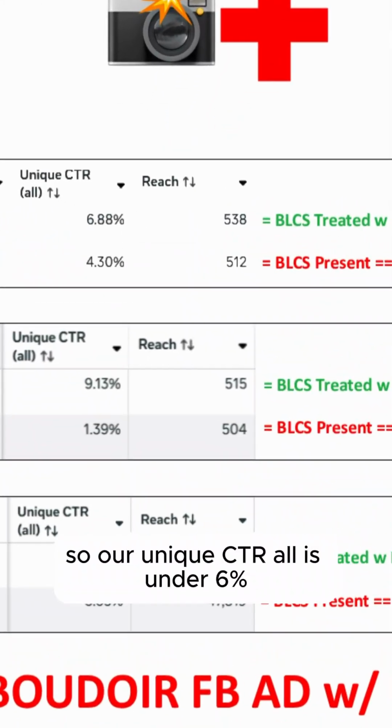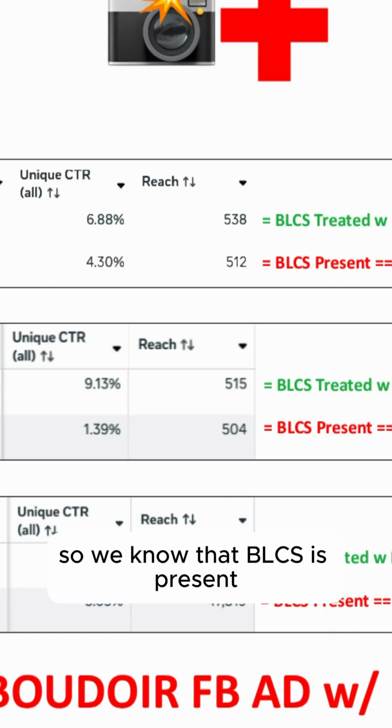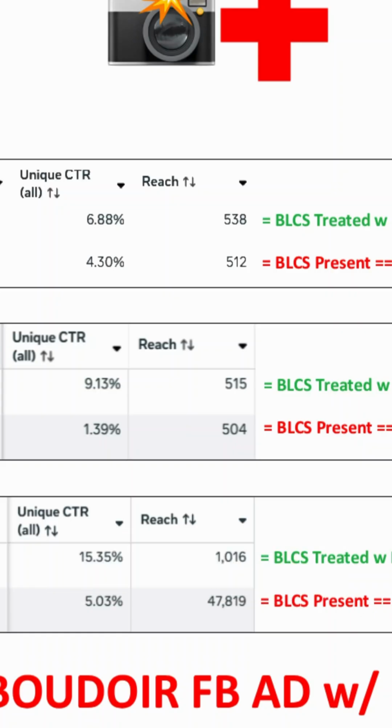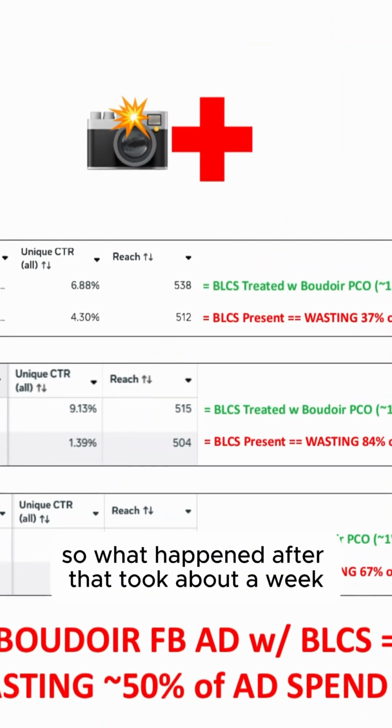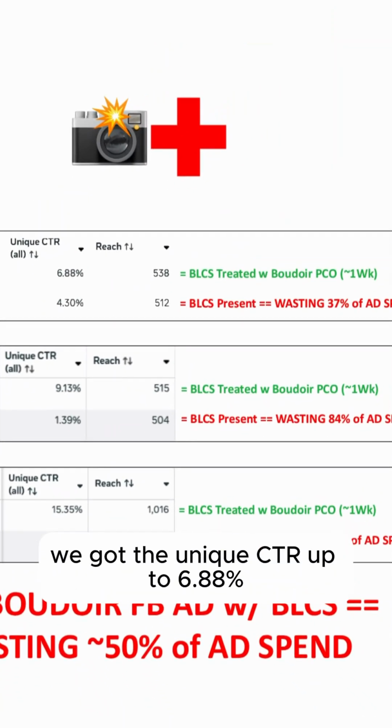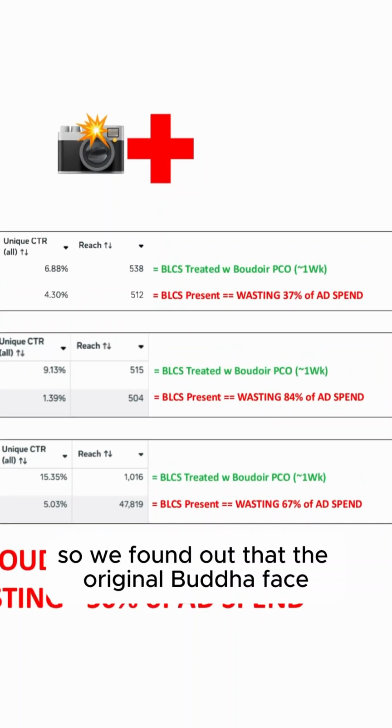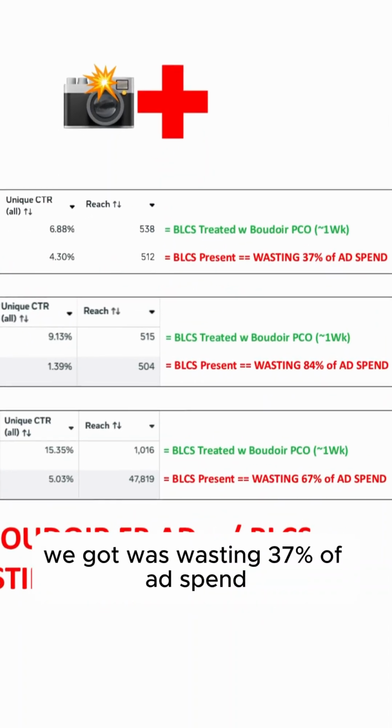So our unique CTR all is under 6%, and we know that BLCS, Boudoir low click syndrome, is present. Now we've got the solution for it, so we treated it with Boudoir Pico. So what happened after that? It took about a week. We got the unique CTR all up to 6.88%. So we found out the original Boudoir Facebook ad was wasting 37% of ad spend.